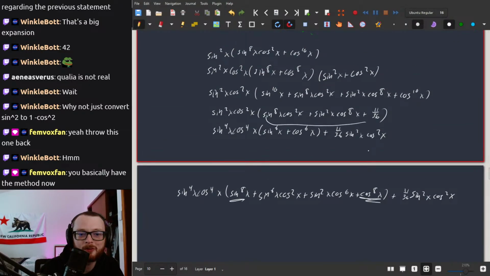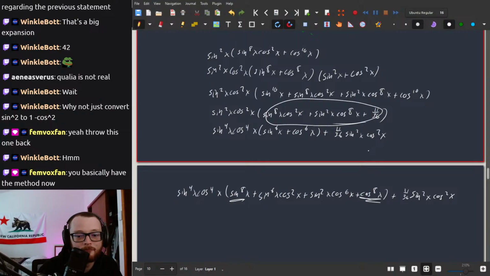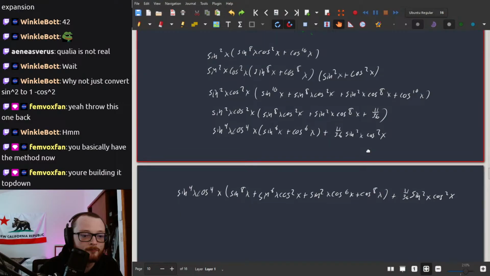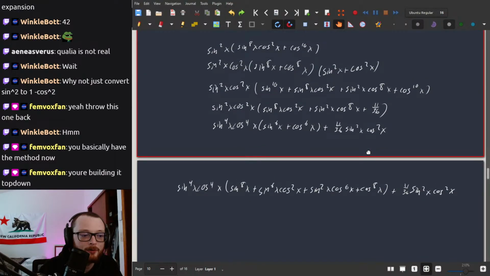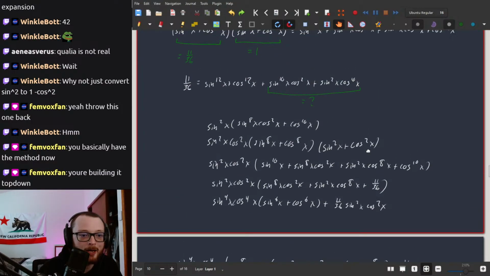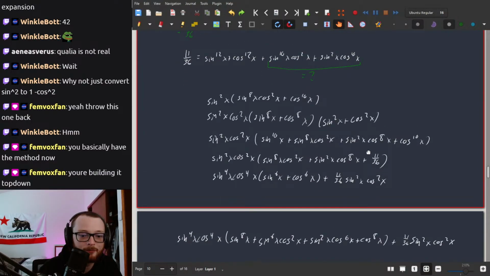Substituting this doesn't seem productive, but maybe it is. I'm building it top down, going from higher powers to lower powers, but I don't know.